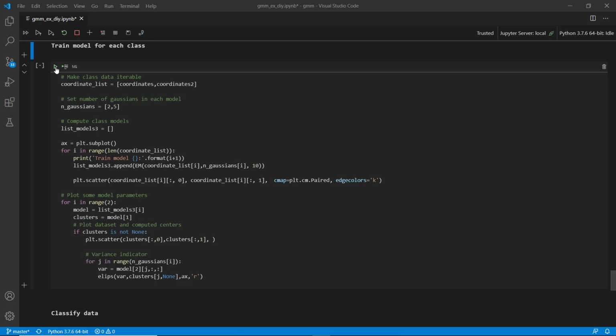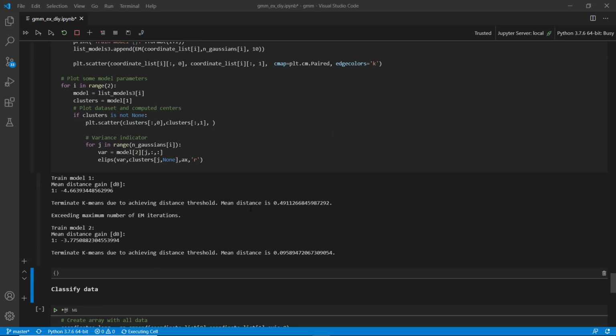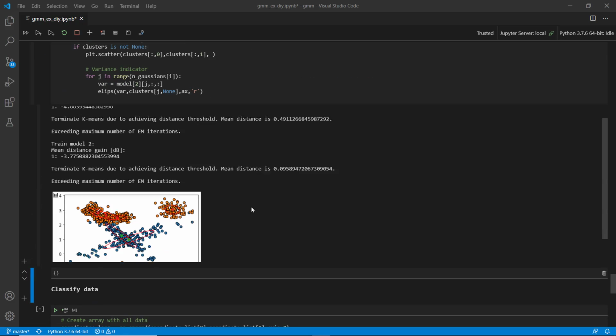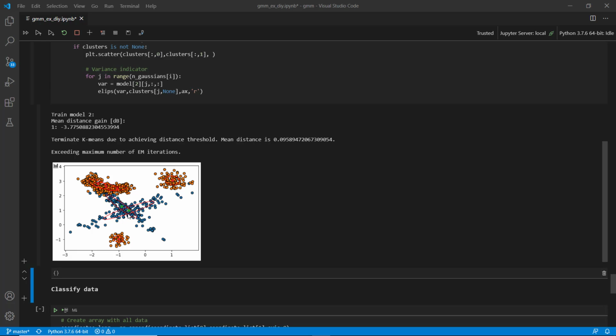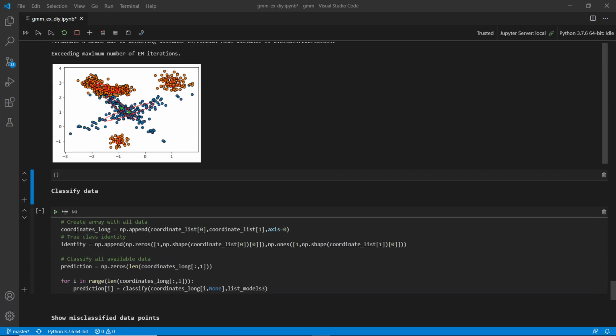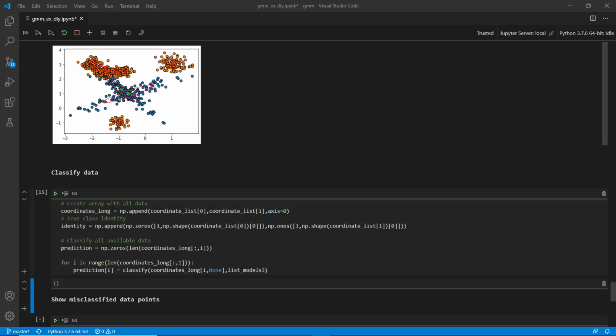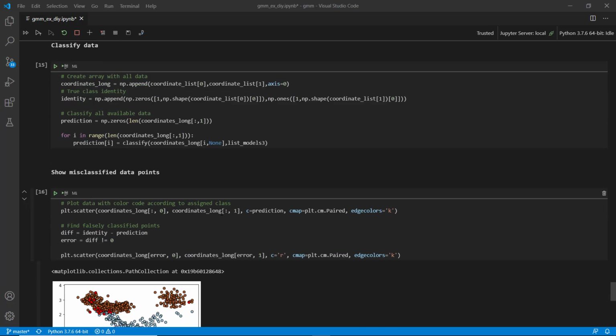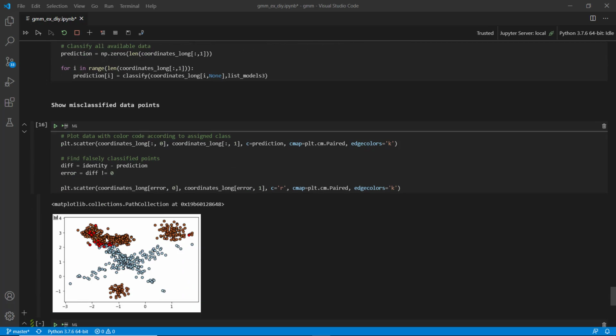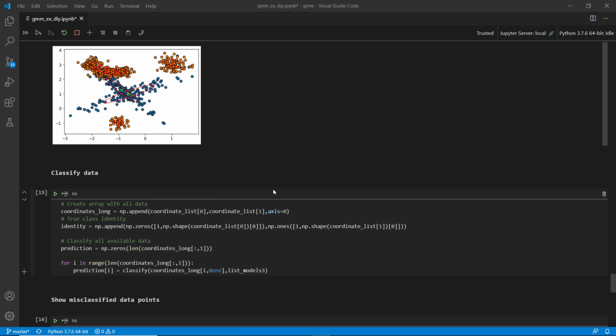And then when we look at the results, we see similar results for our blue class, and we can see that on each blob of the other class, we have a Gaussian as well. So we can assume we have good data representation, and we can also do a classification here, and we can see which points have been falsely classified, and we can see that we were quite successful. Of course, in the overlapping areas, we do have a few problems.